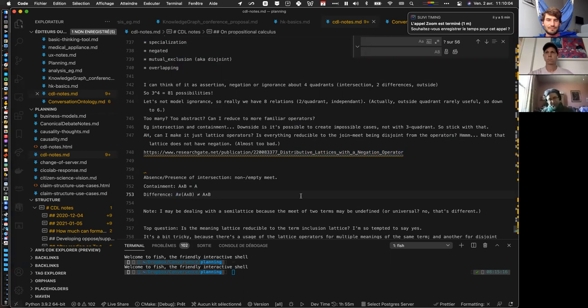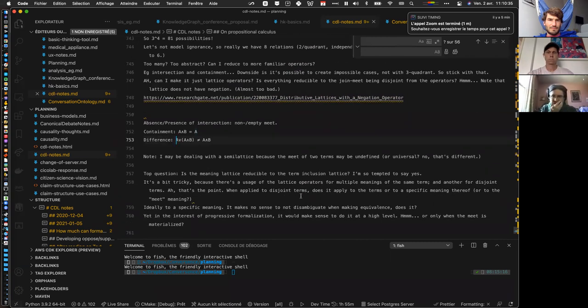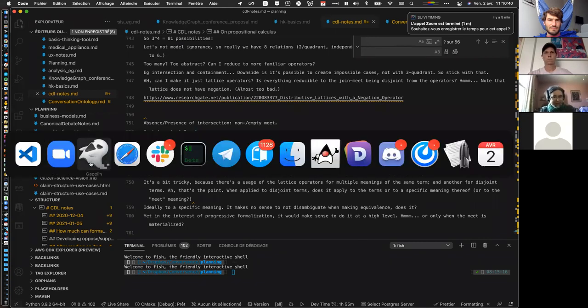So if we ask people, is this contained in that, or is there something in this and not in that, which are intuitive, they correspond to lattice structure, which is good. It means we can ask people things that amount to lattice operators in more familiar terms. That's good.